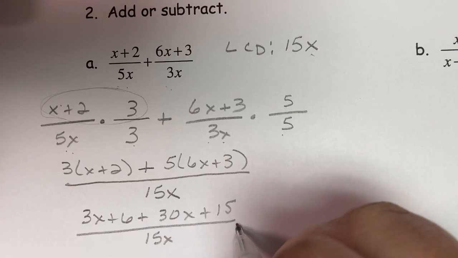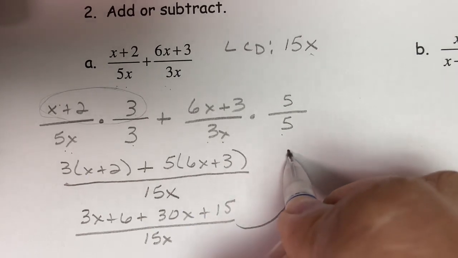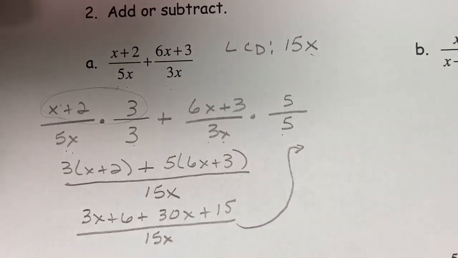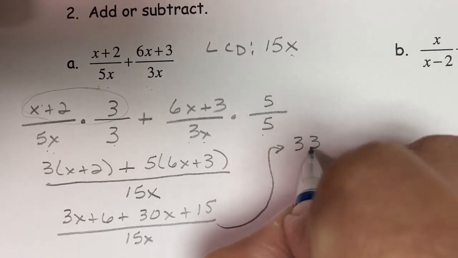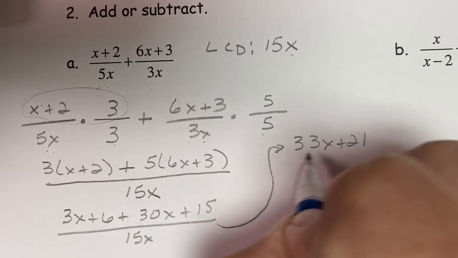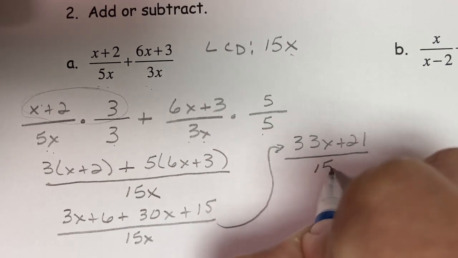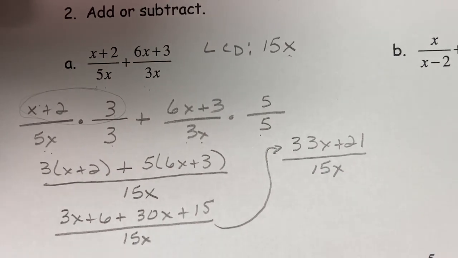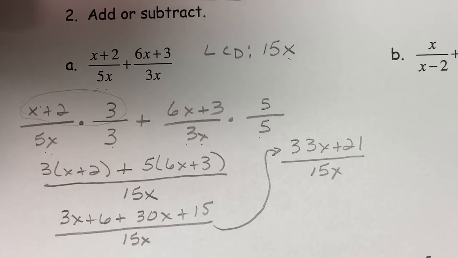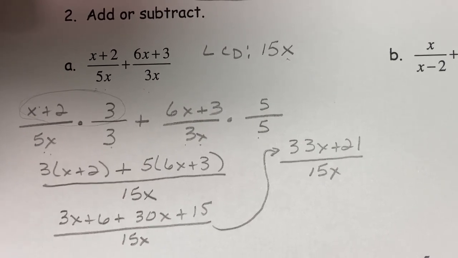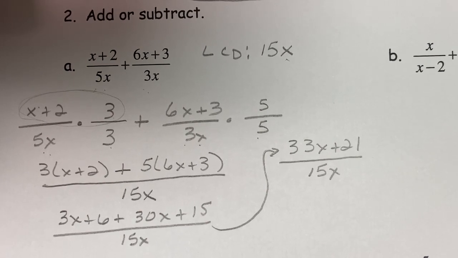All right, so I'm running out of room, so I'm going to kind of go up here. If I combine my like terms, I'm looking at 33x plus 21 all over 15x. Okay, so I have now added those two fractions, but you have to see if you can reduce your answer, which is what we did in 7-1.